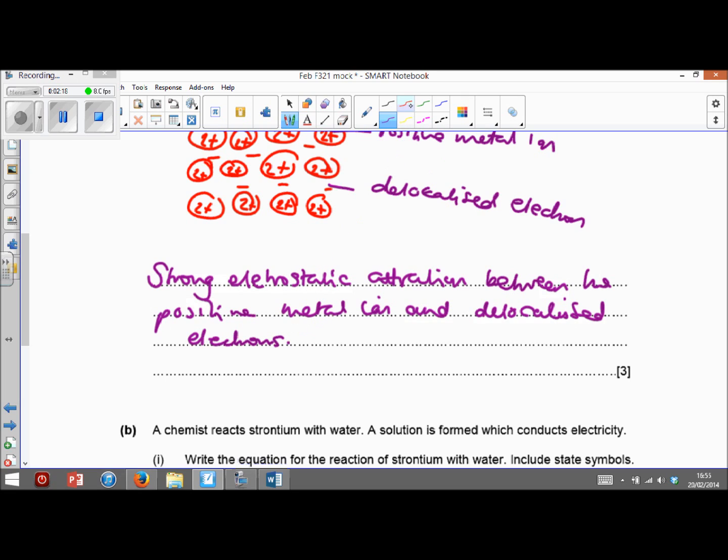Okay, where you get your 3 marks from: you get a mark for a correct labelled diagram with your right charges in your metals, a mark for seeing the localized electron, and a mark for strong electrostatic attraction.